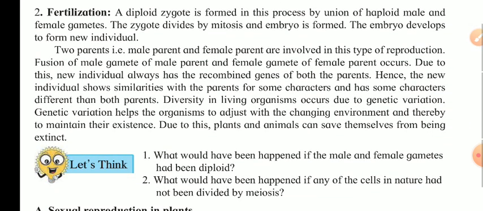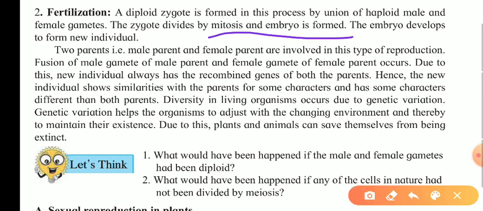This zygote divides by mitosis. The first, formation of a germ cell, is by the meiosis process. And then after the formation of the diploid zygote, this first cell, the zygote, goes through multiple mitosis and an embryo is formed.